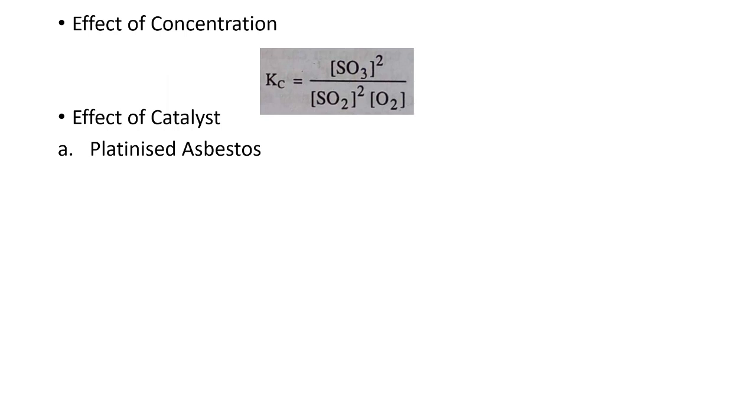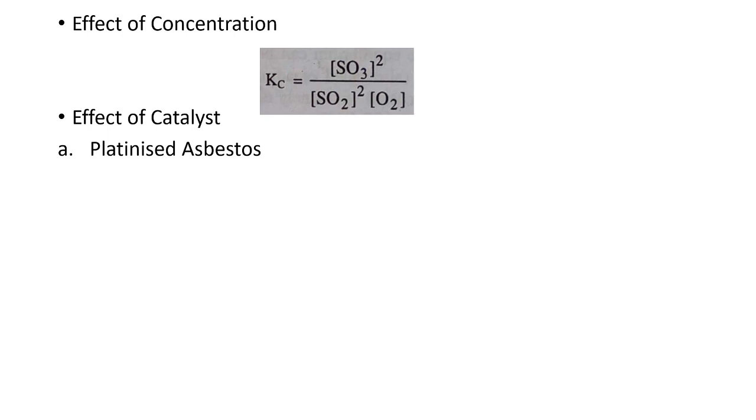You can study the meaning of fruitful collision in the kinetic theory of gases in physical chemistry. So here the catalyst provides the active surface so that it can adsorb the reactants, that is sulfur dioxide and oxygen. Then only will the oxidation from sulfur dioxide to trioxide take place.